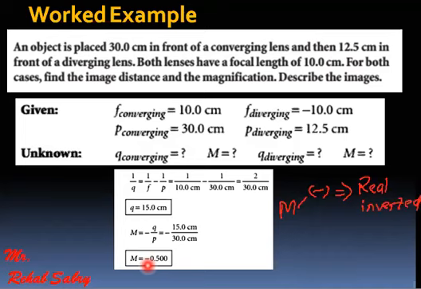If the magnification is positive, it means the image is virtual, and it will be upright.